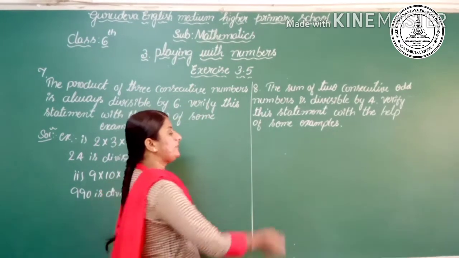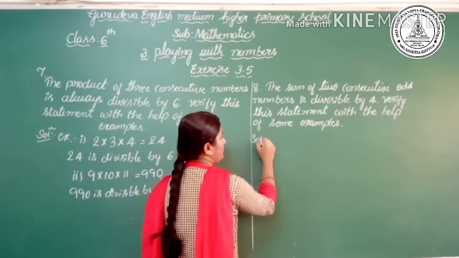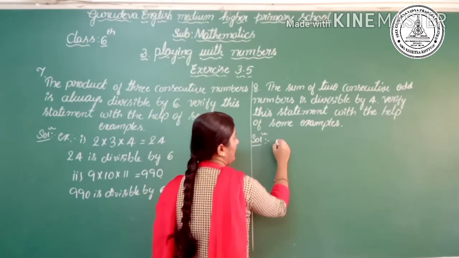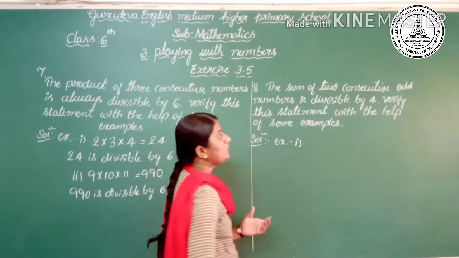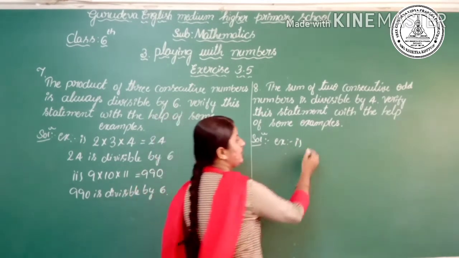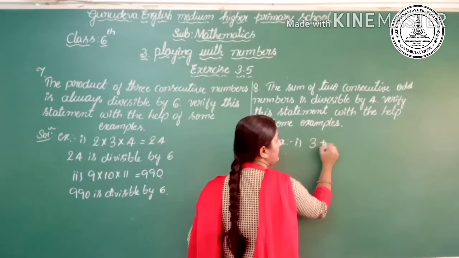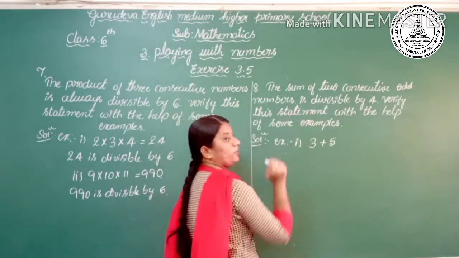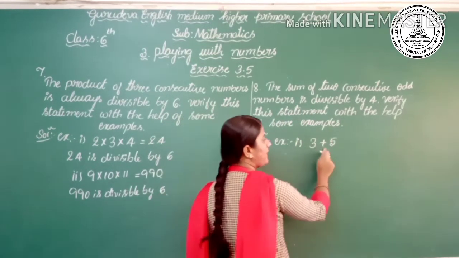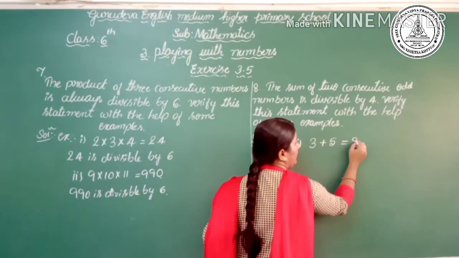Okay. First write the solution. Example. In the first example I will take two consecutive odd numbers, that is 3 plus 5. They are asking the sum, so 3 plus 5 equals 8.